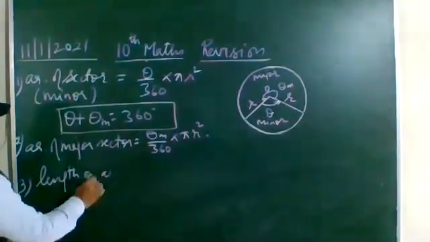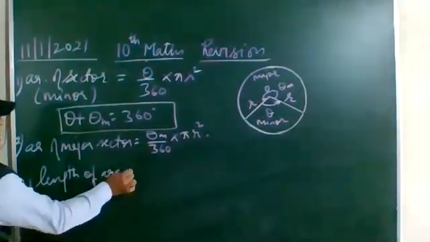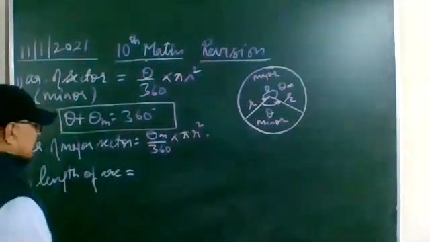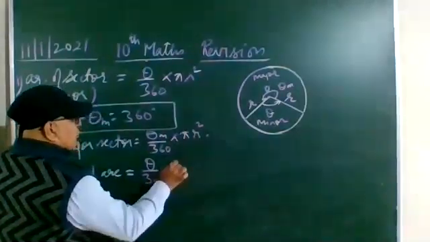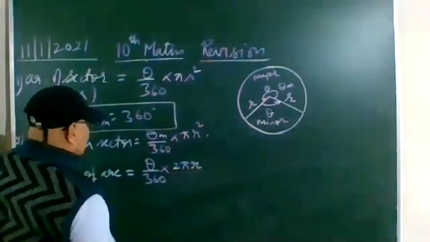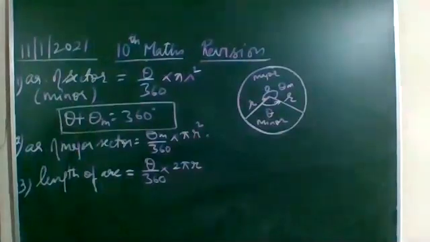Length of arc is theta upon 360 into 2 pi r.